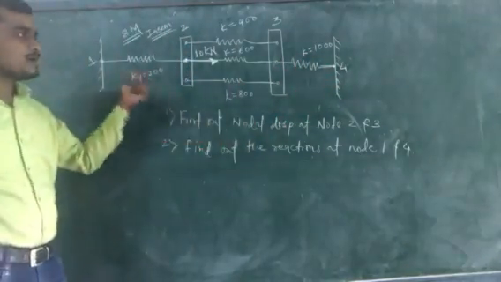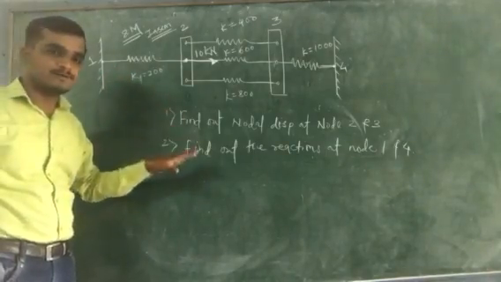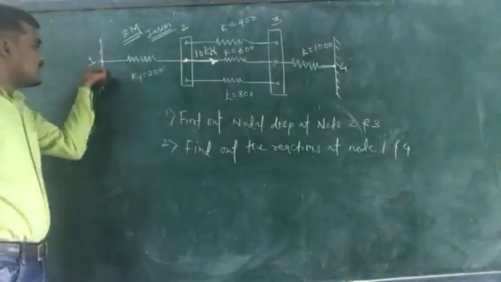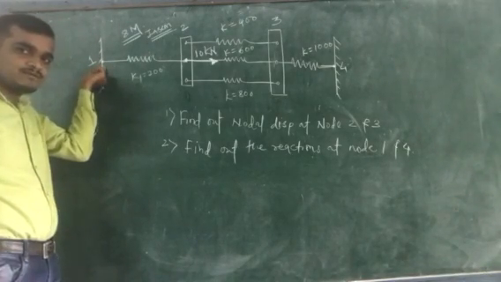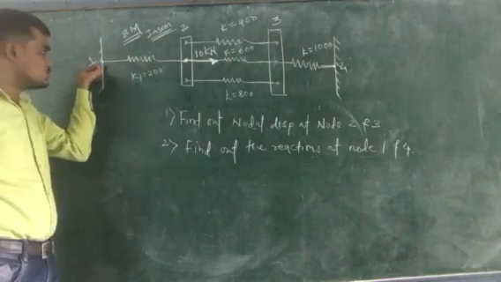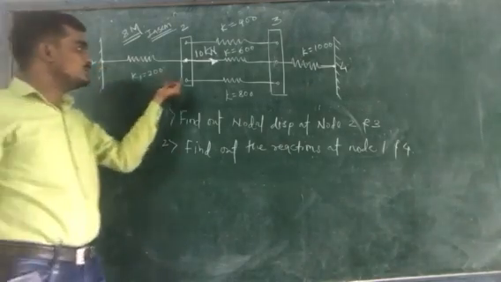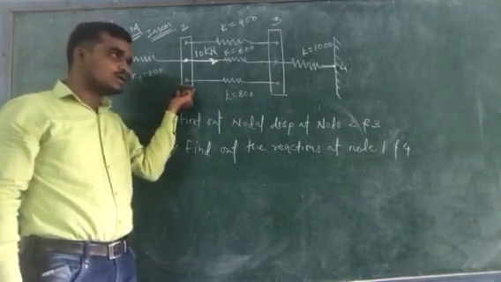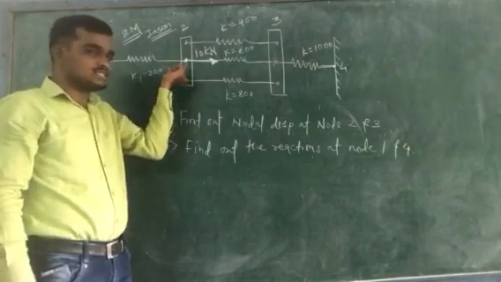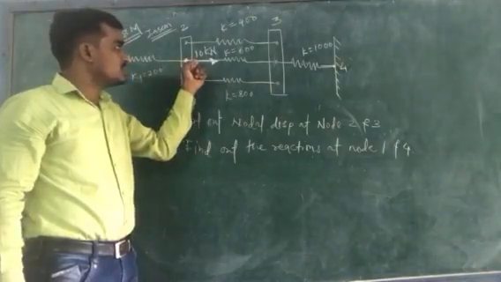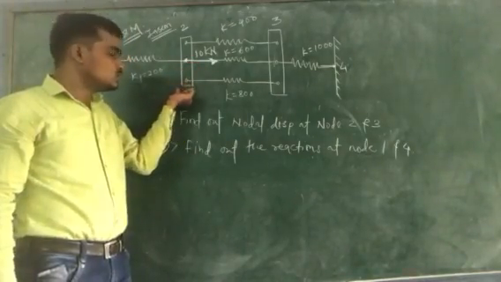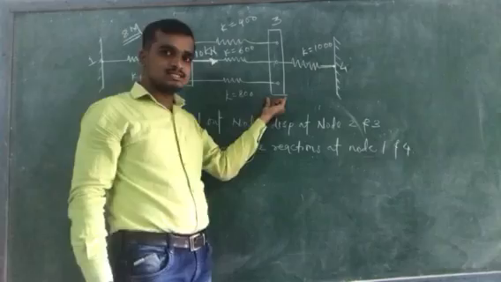Now next is the boundary condition for your displacement vector. At node 1, as this node is fixed, the displacement will be 0, so U1 will become 0. U2 is unknown; it is not fixed, and it will displace by some amount due to this force of 10 kilonewton. Similarly U3 is also unknown.